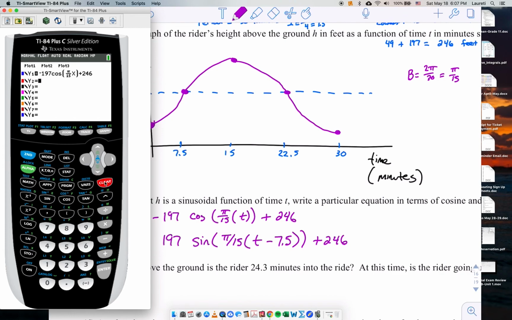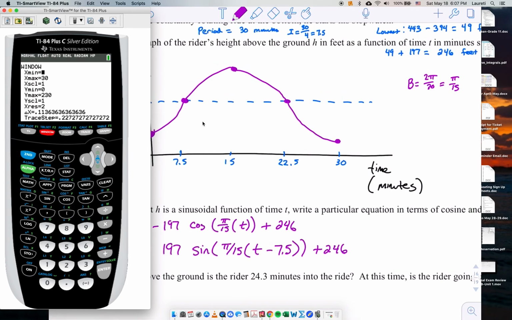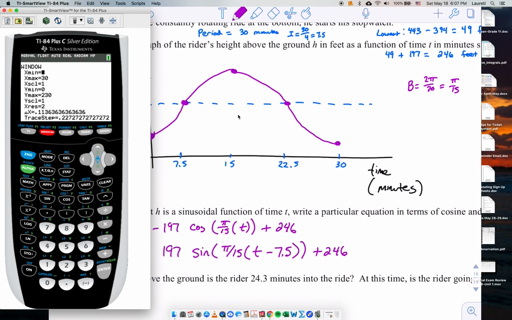Now when I go to my window, I'm going to make it exactly what I have here on my paper. I'm going to go from 0 to 30, and then from 0 to about 450, which gives me my nice curve.